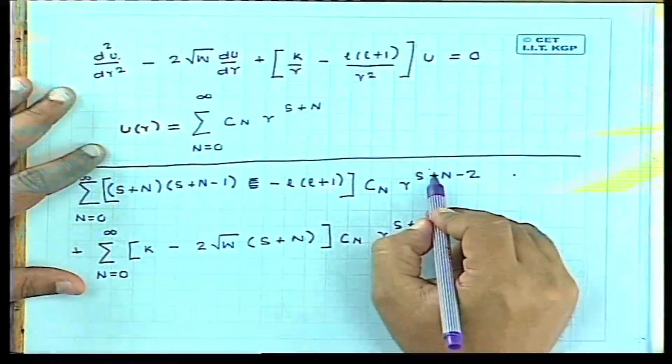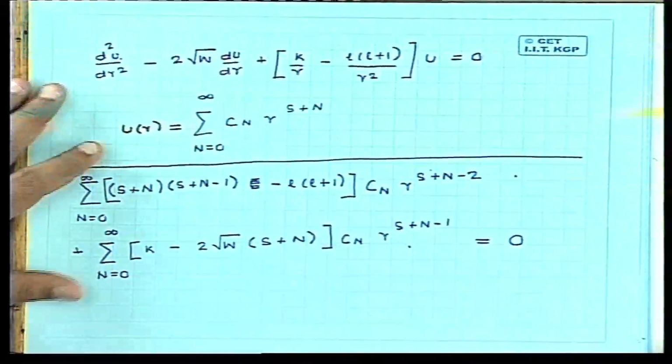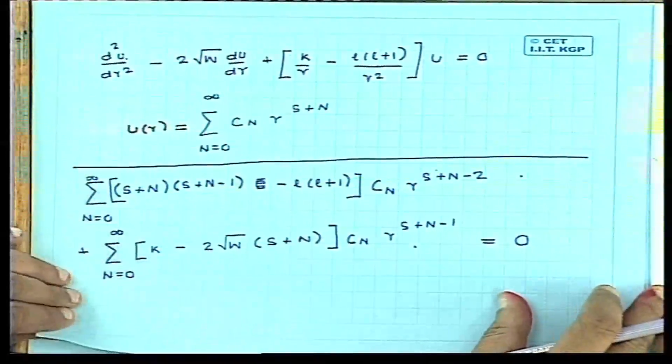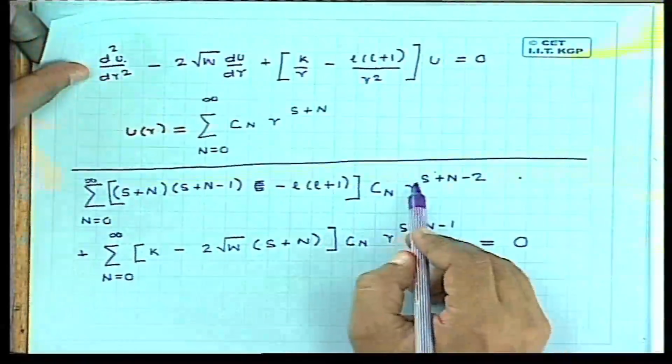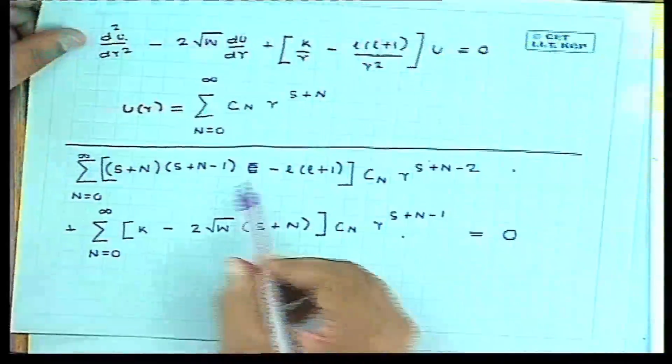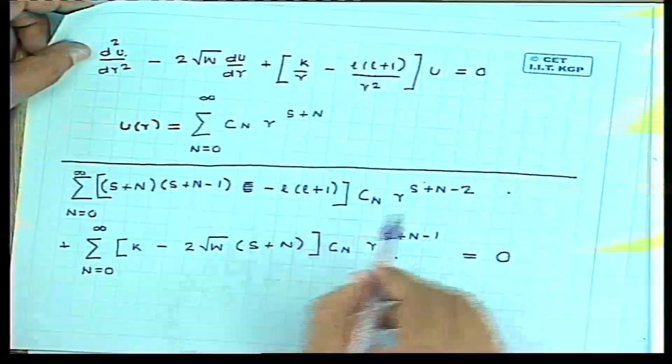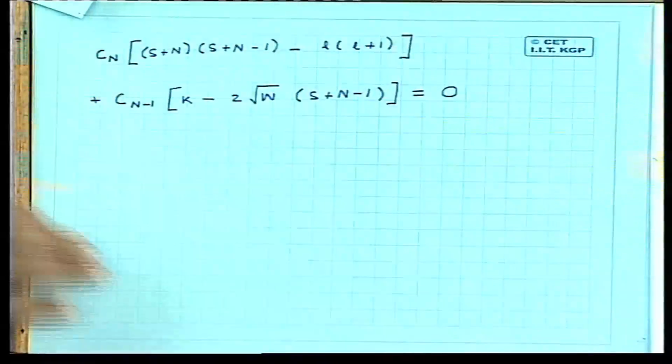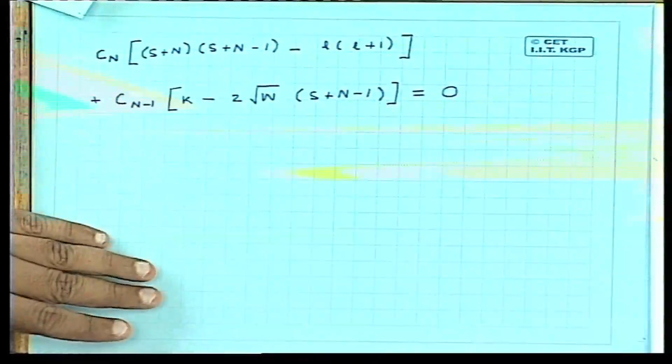So we are taking n here and n minus 1 here and equating them. They will have the same powers of r, and the coefficient of that power of r should be equal to 0. So this is the condition which it gives us.